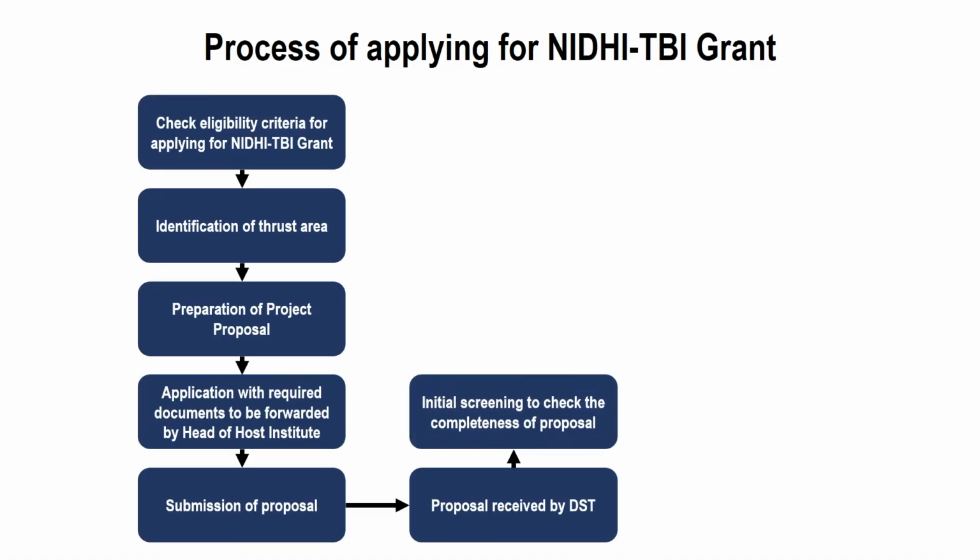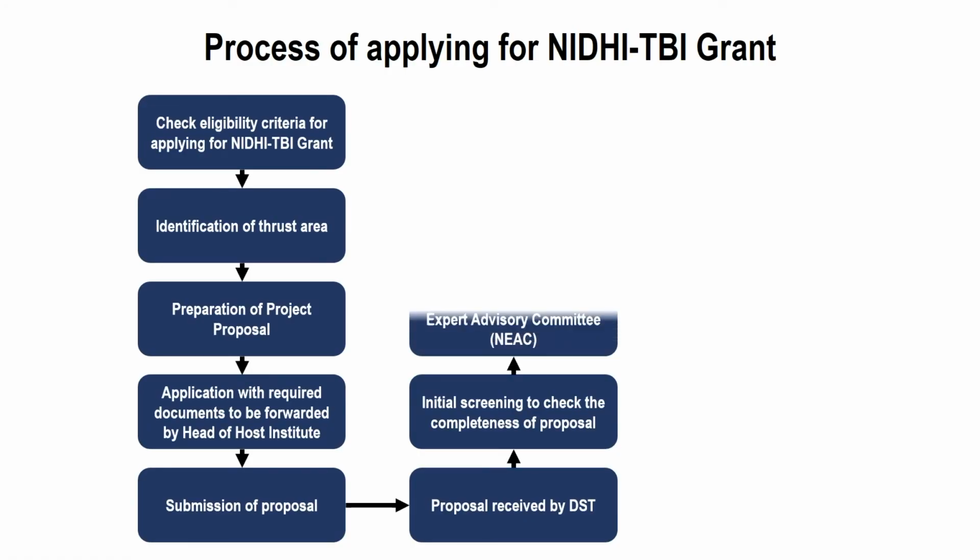Once the proposal has been received by the DST, they will start the initial screening. Initial screening means they will check whether all the documents have been submitted or not. If something is missing, they will ask you for that particular document. Next, the proposal is sent to the evaluation committee.